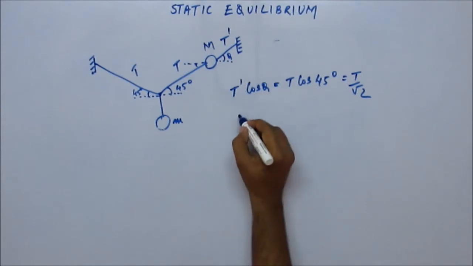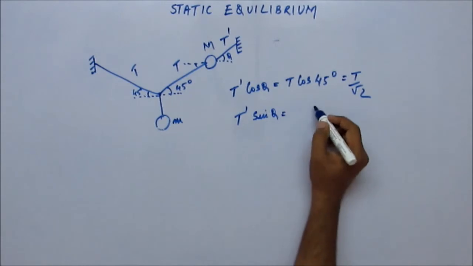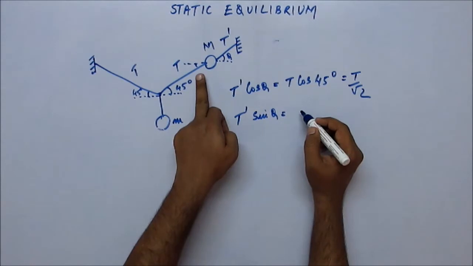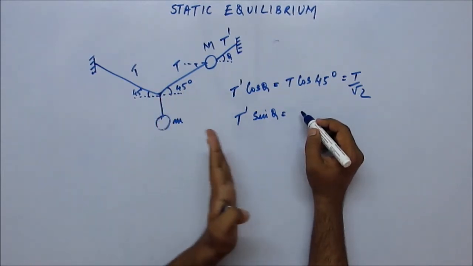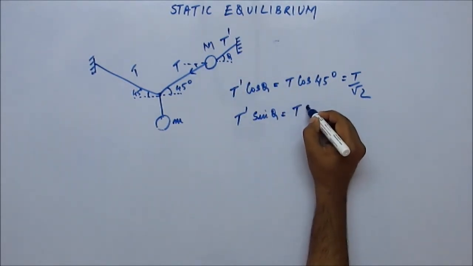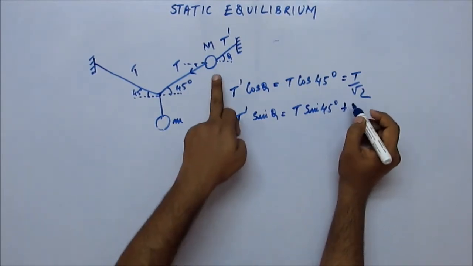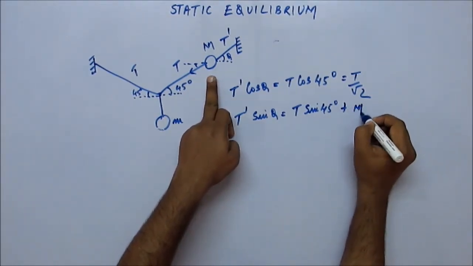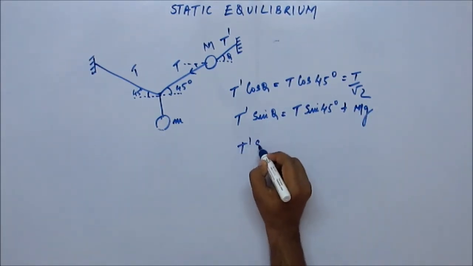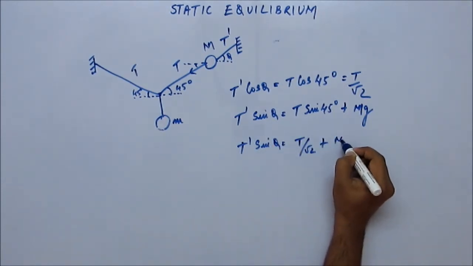And if you write the vertical equilibrium, this is T dash sin theta is equal to the other vertical force, which would be the vertical component of this tension, which will be downward. That would be T sin 45 degree, plus the weight of this ball, which will be capital Mg. So from here we get that T dash sin theta is equal to T upon root 2 plus capital Mg.